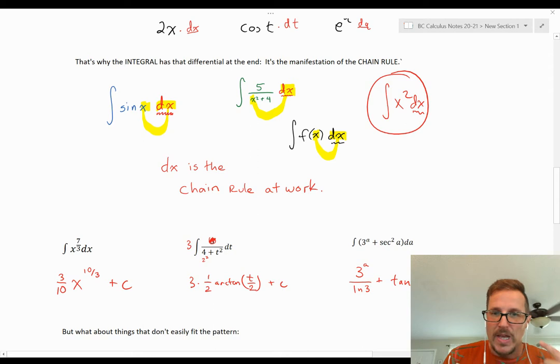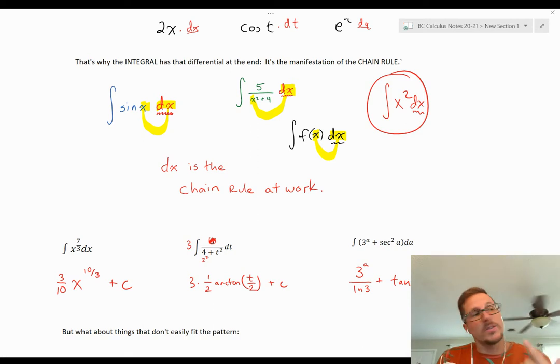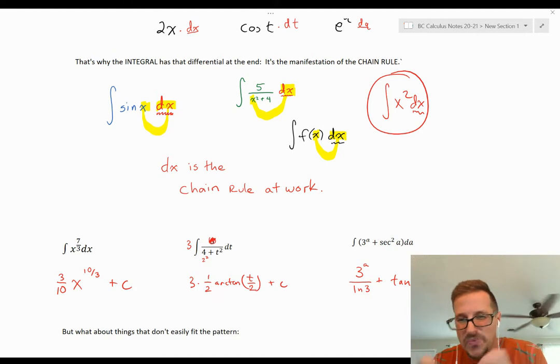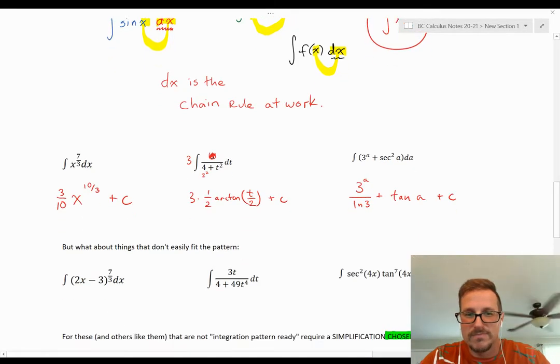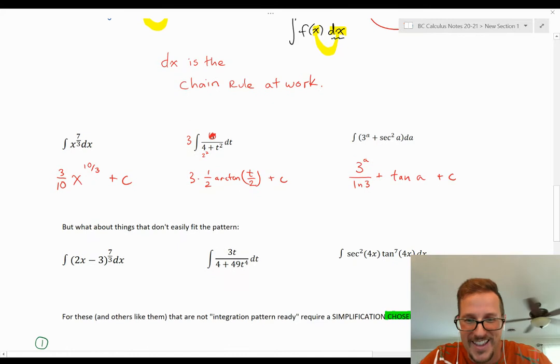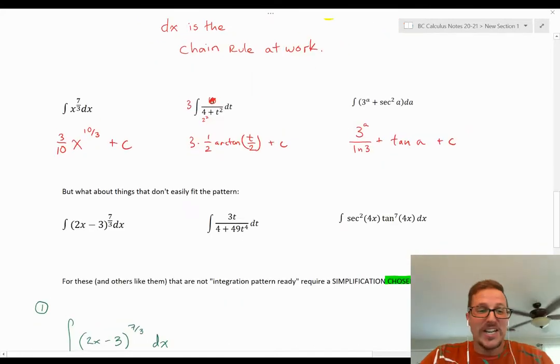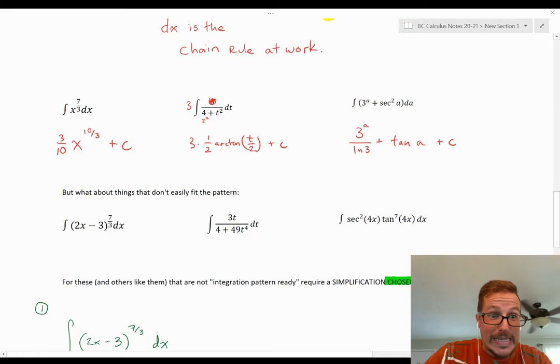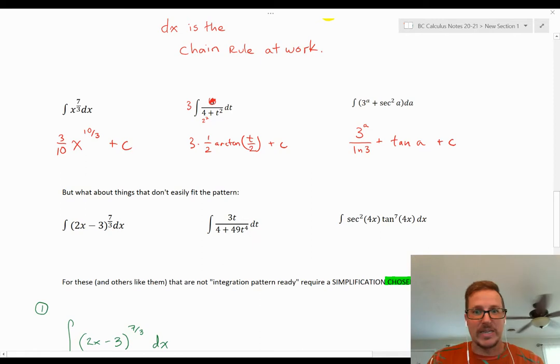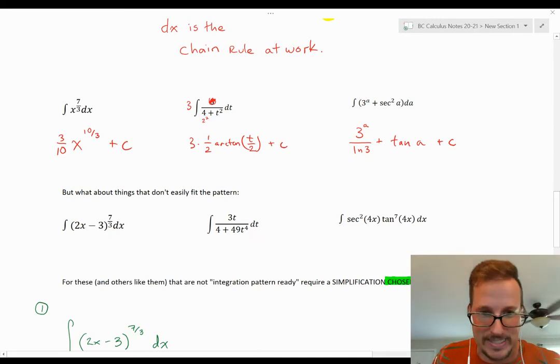Now, there are other integrals out there. There are other functions out there that we want to integrate that are not easily fitted to a pattern. Like these. These look totally rambunctious, don't they? Hey, I'm getting anxious just thinking about these daggone things.